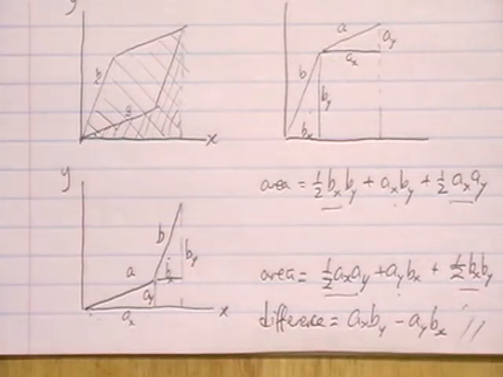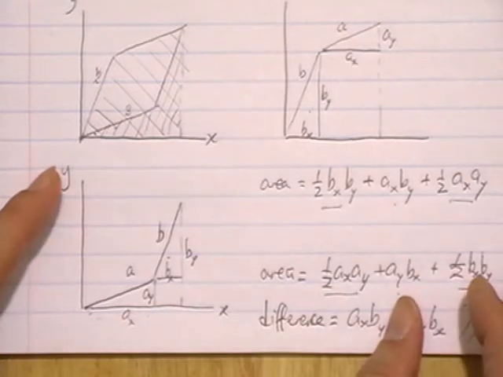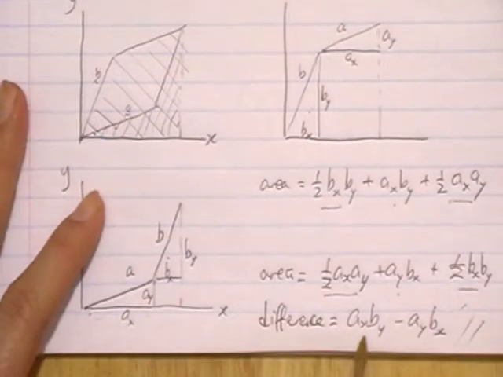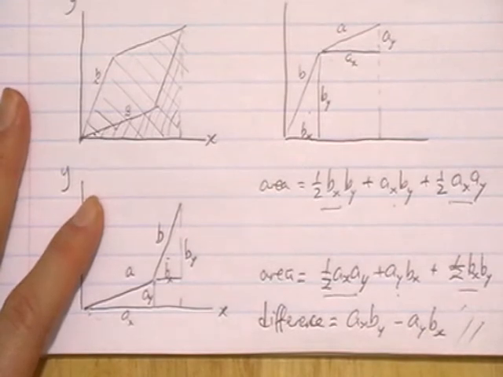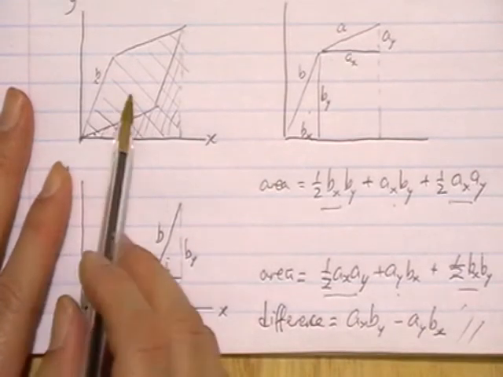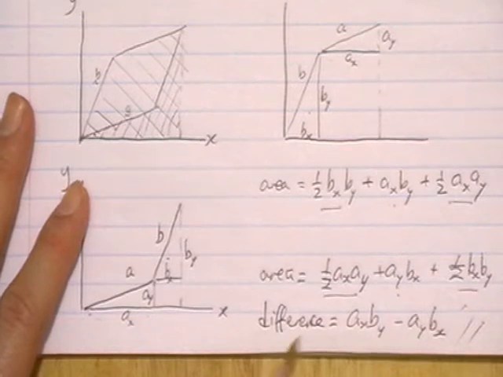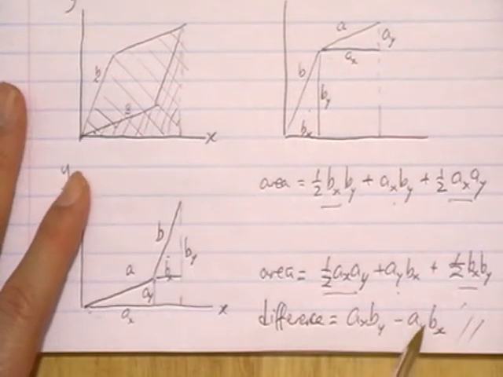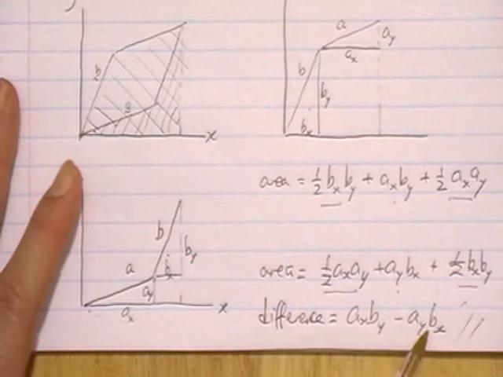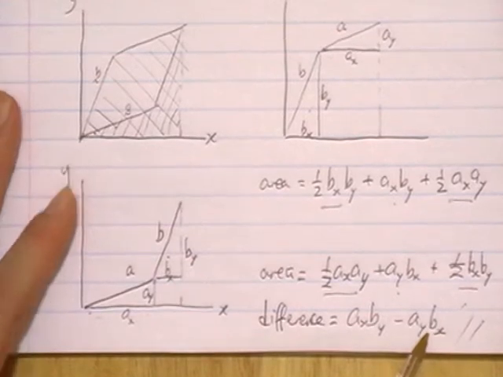Now just one point to note. I've talked about showing that the magnitude of this is equal to the area of the parallelogram, but since we're talking about a vector, it's not just about the magnitude, we also need to worry about the sign.